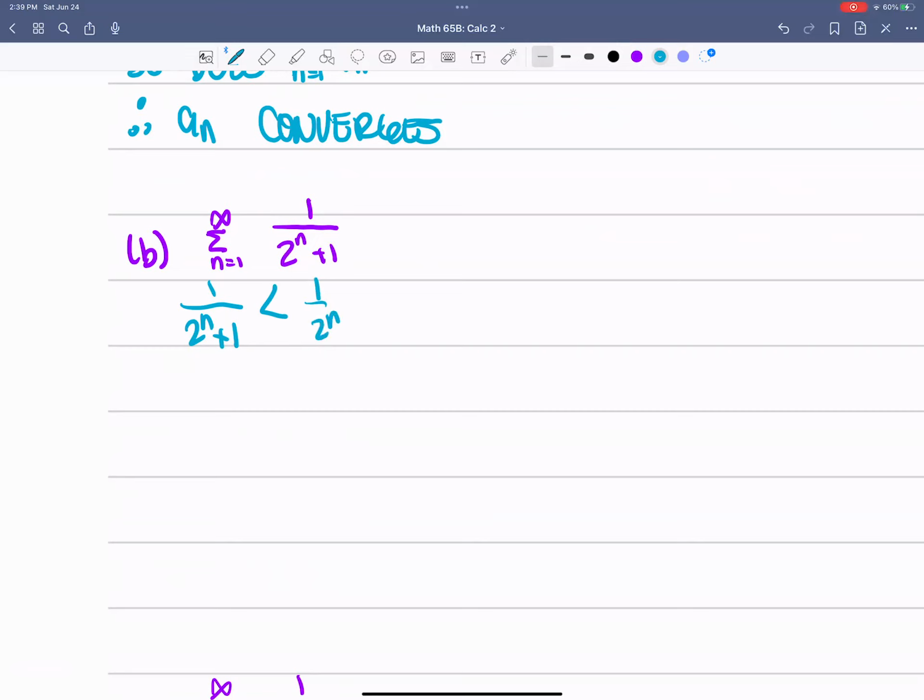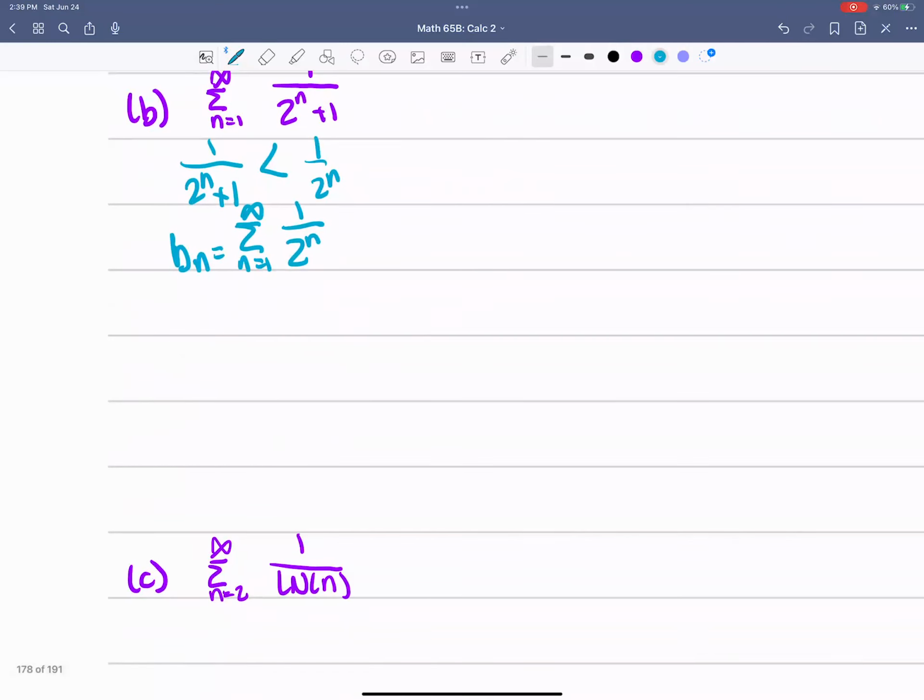So what I'm going to propose is let b sub n equal the sum as n goes from 1 to infinity of 1 over 2 to the n. And look at this, here we have a geometric series.